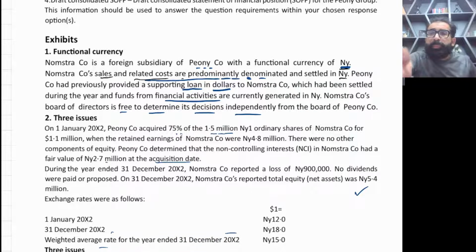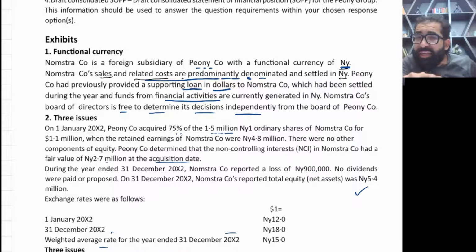Now, Peony Company, the parent company, had previously provided a supporting loan in dollars to Nomstra Company, which had been settled during the year. This is one of the secondary factors. The secondary factor is in which currency you have generated your loan.